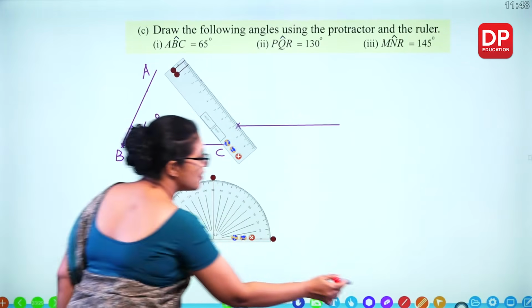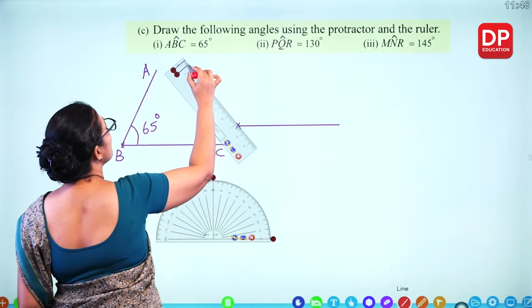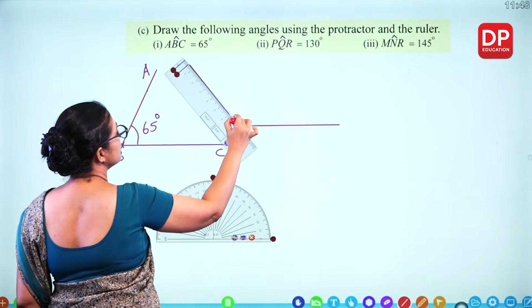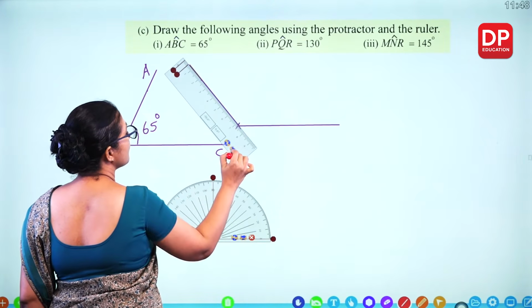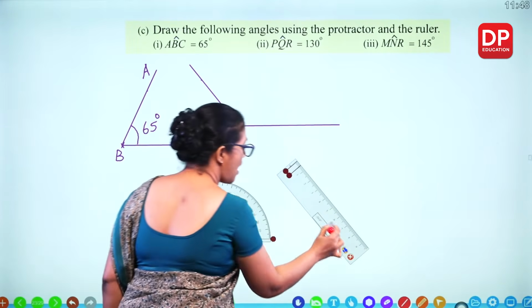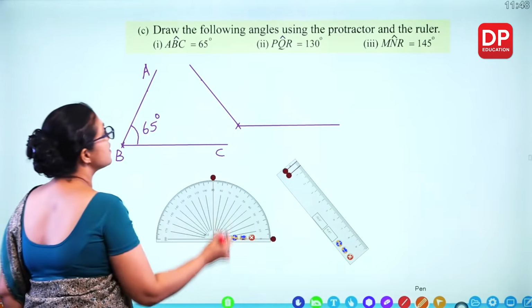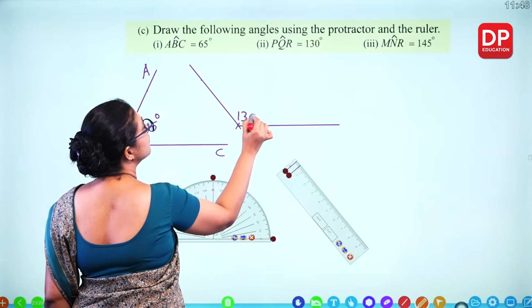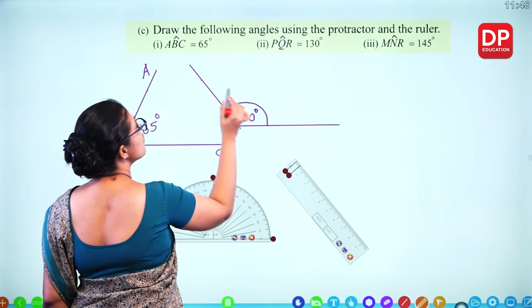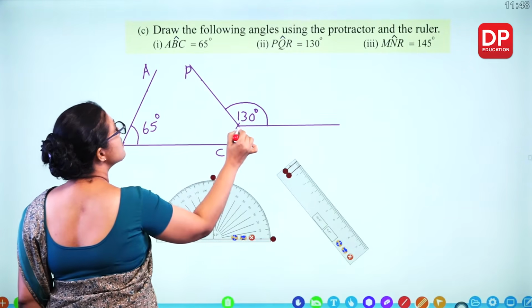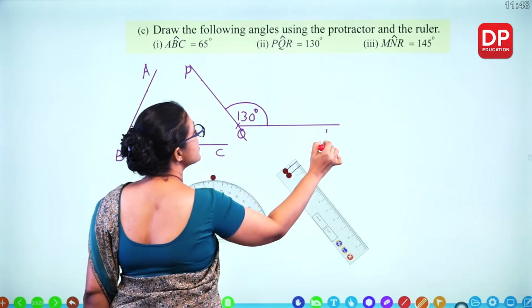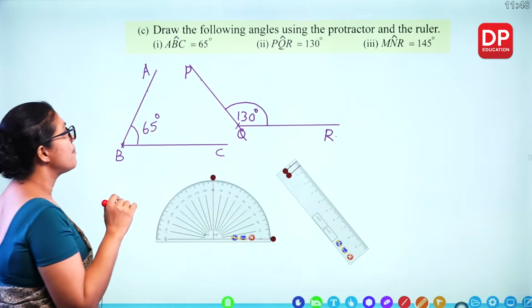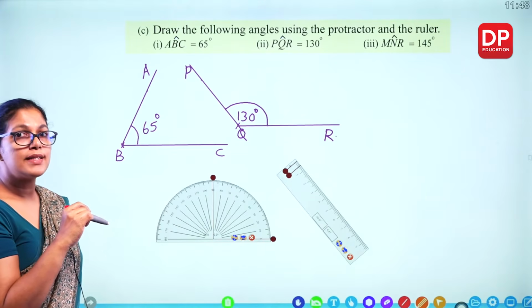Then you can draw the line. So that's 130 degrees. This angle. So Q is the vertex and R is the other point. PQR is 130 degrees.